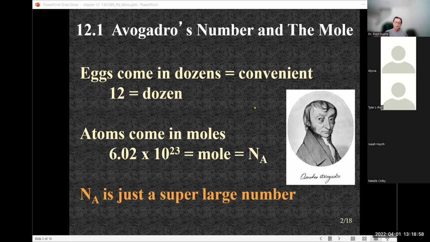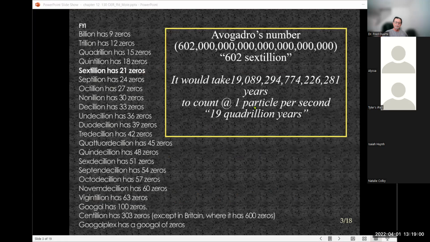Now, let's give you an idea of how big this number is. Well, here's Avogadro's number written here in the yellow box, taking out a scientific notation, which reminds me, refresh your memory on how to use scientific notation on your calculator.